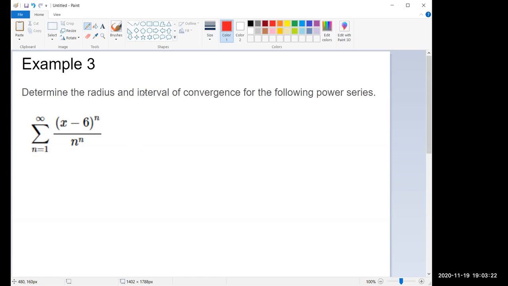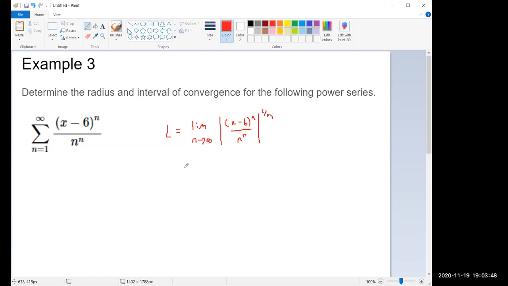So let's go ahead and do that. The root test says that the limit is the limit as n approaches infinity of the absolute value of, not the ratio, but the nth root of whatever you get. So the nth root, just like that.